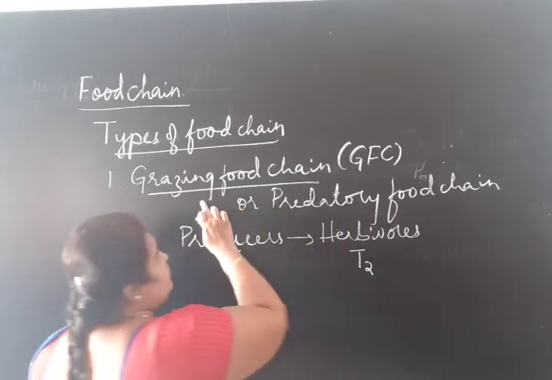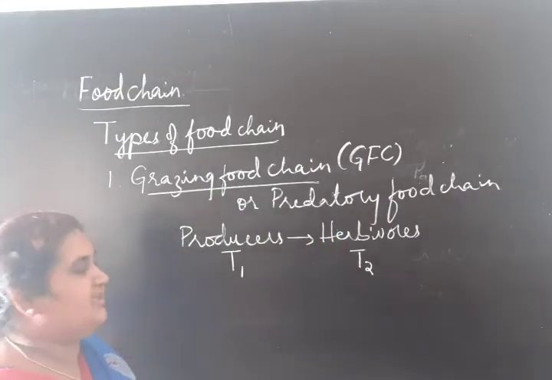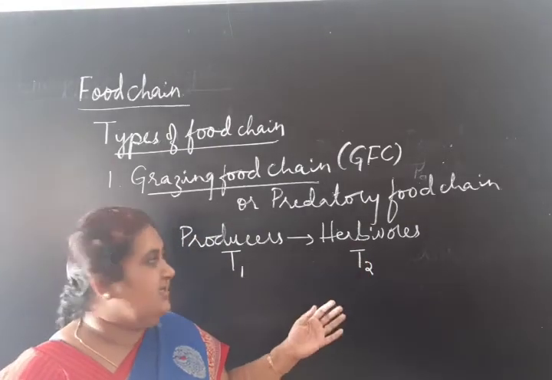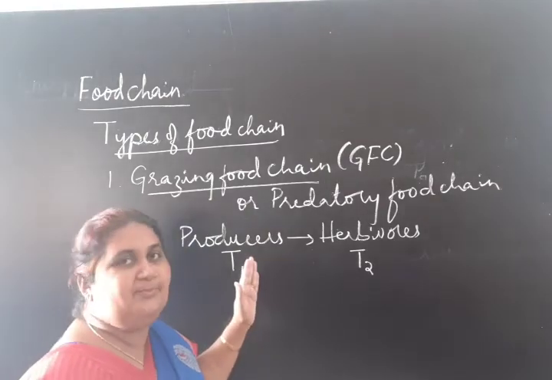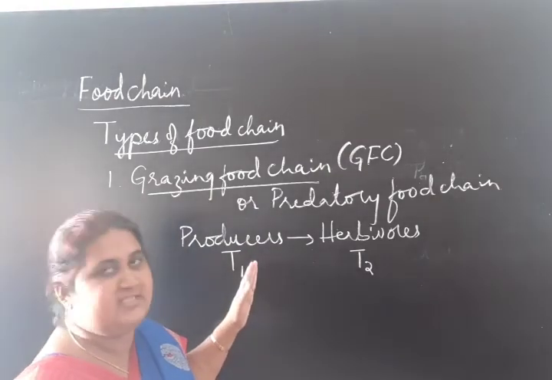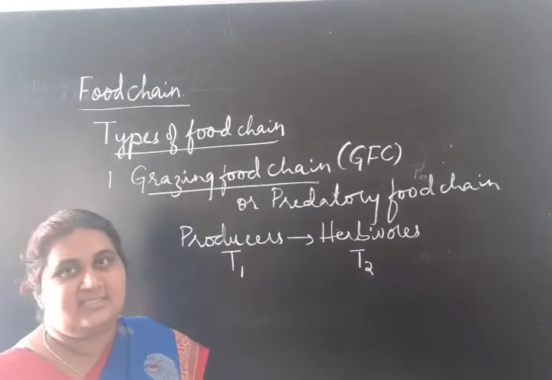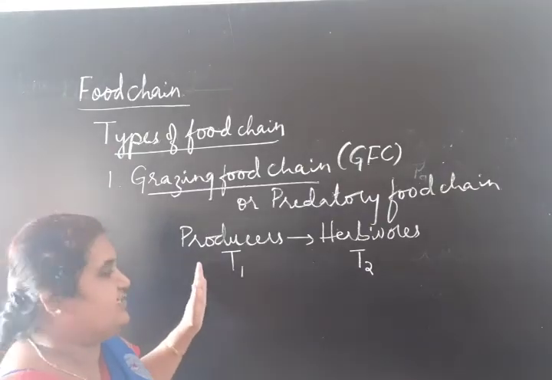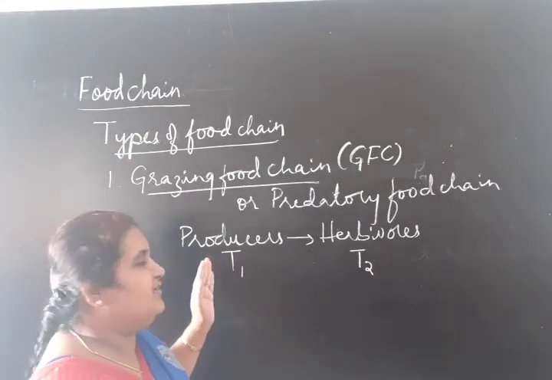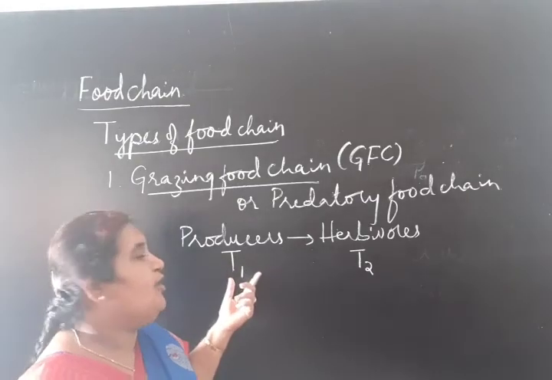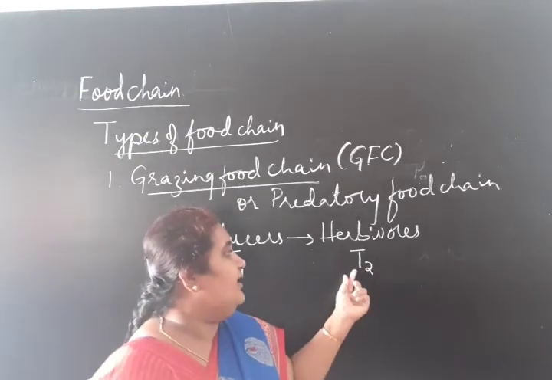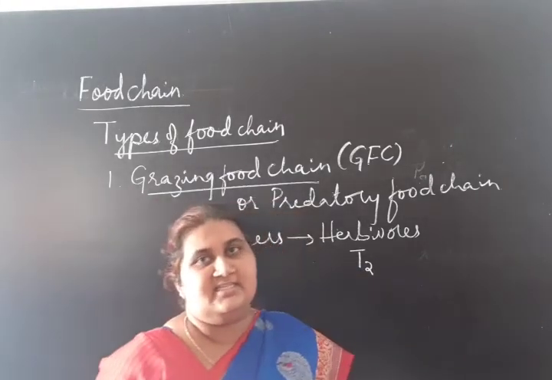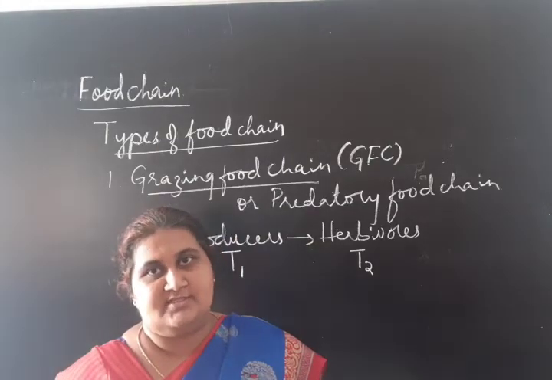So hence grazing, as the name tells: herbivores like cattle, rabbits and deer all feed on plants, vegetation and herbs. They graze on the plants. So energy flow is seen from the producers. The first trophic level is occupied by the producers, the second by the herbivores, and the other trophic levels by the carnivores.